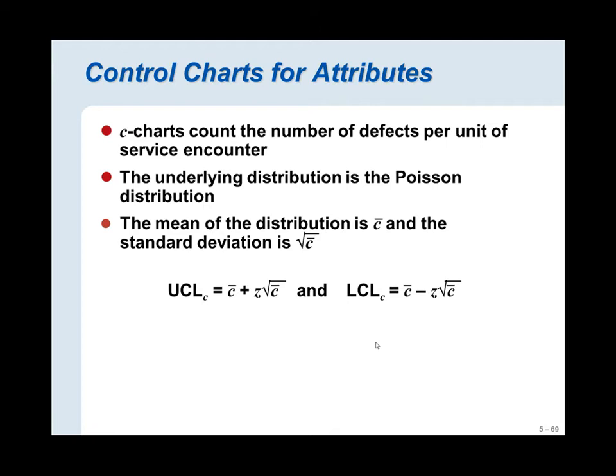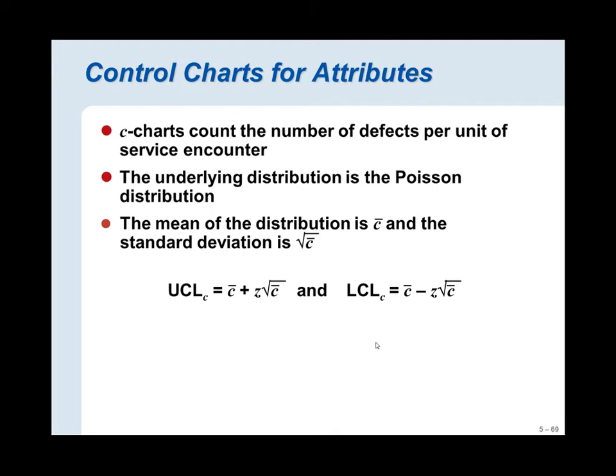For example, when you count how many errors you make on one piece of paper, one piece of paper is sample size equal 1. Number of errors is the count that you have. In that case, C chart is appropriate.